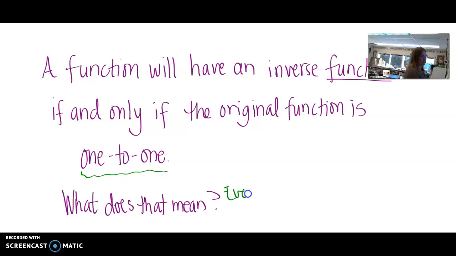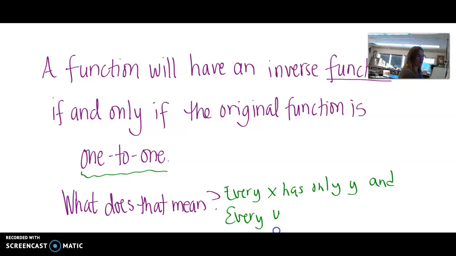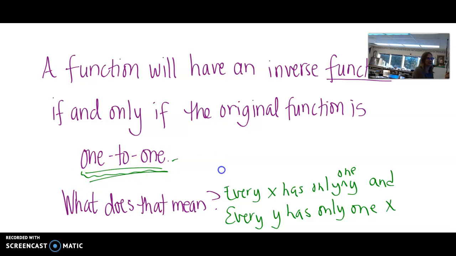So if it's a function, the original, every x has only one y, and it would pass the vertical line test. If it's 1-to-1, then we have to add that every y has only one x associated with it. Oops, every x has only one y, and every y has only one x if the function is 1-to-1.